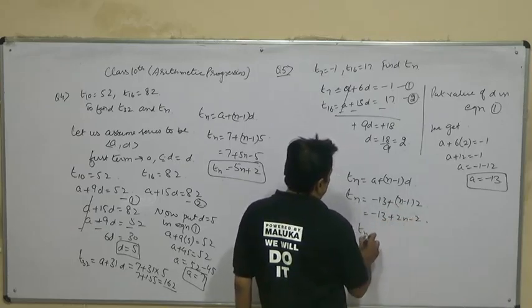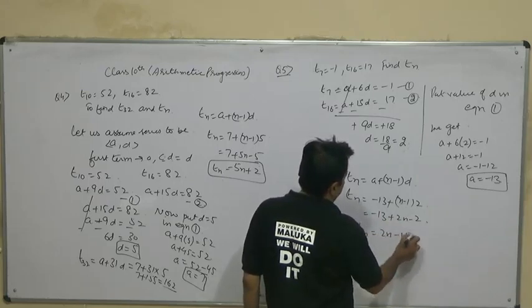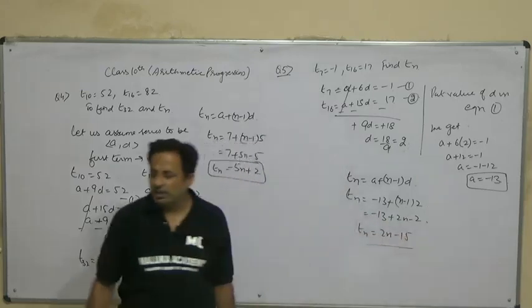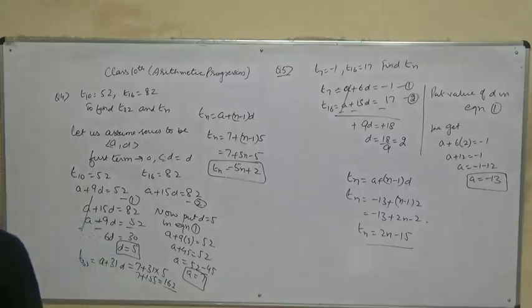So Tn is equal to 2n minus 15. So this is the required answer which we wanted to find. Then before doing the next question, first we will erase the board so that we can write on it.